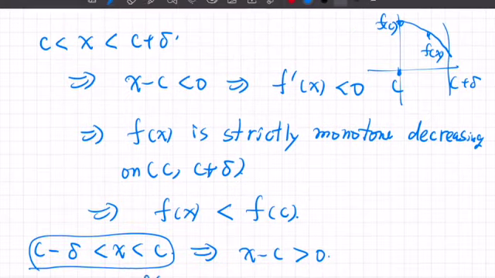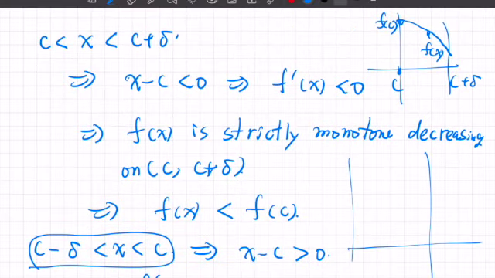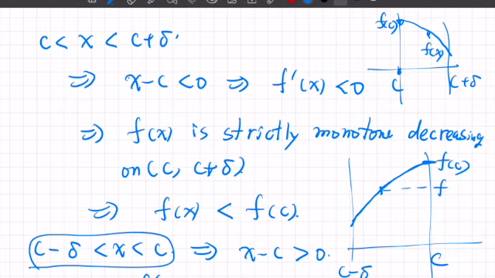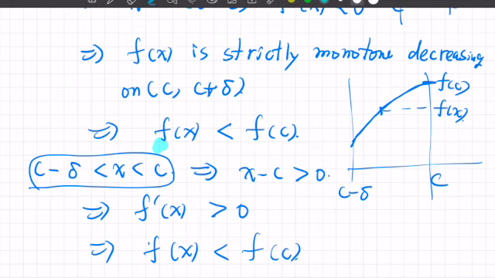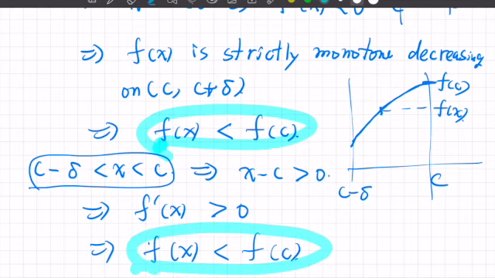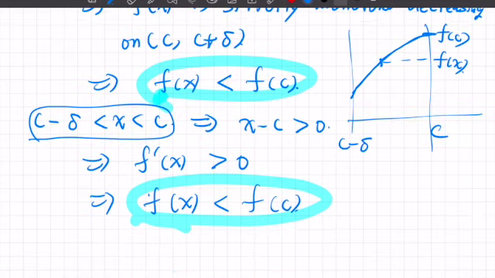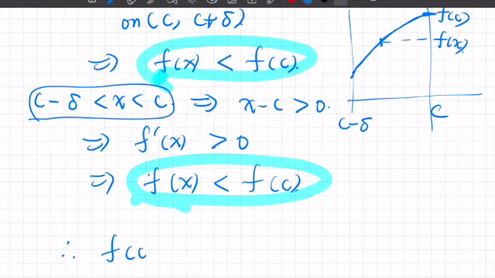Therefore, between c minus delta and c, it's strictly monotone increasing. So this is f of c and this is f of x. So this means f of x is less than f of c. So either way, f of c is greater than f of x, as long as x is not equal to c. Therefore, f of c is a local maximum.